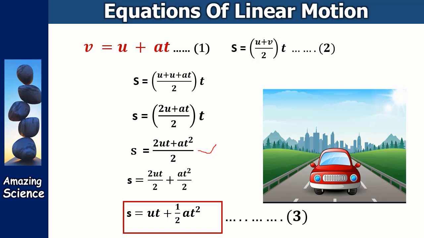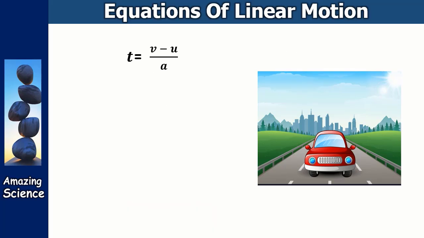We are left with the last equation of motion to derive. And to do that, we go back to equation 1 and make t the subject and substitute the expression for t in equation 1 into equation 2. So making t the subject in equation 1, we are going to get t is equal to v minus u over a. So substituting this expression into equation 2 gives us s is equal to u plus v over 2 all multiplied by v minus u over a.